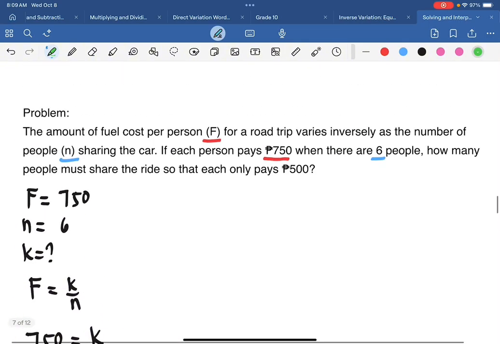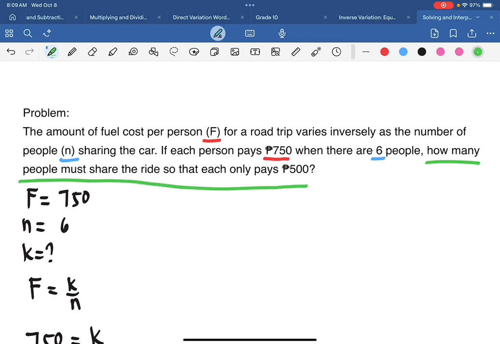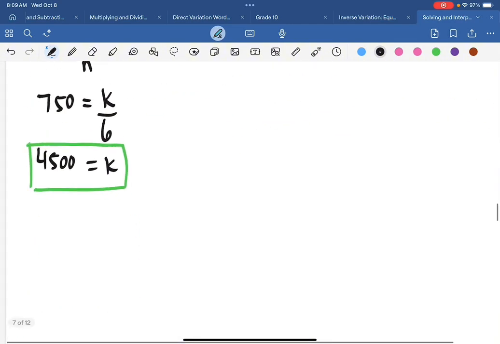Now, in the second part of the problem, again, how many people must share the ride so that each only pays 500? So we are looking for the number of people, or N, and we now have a new value of F, which is 500 pesos. So again, we have for K, which is 4,500, if I'm not mistaken. Yeah.